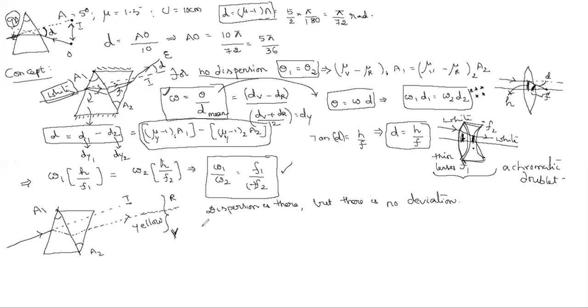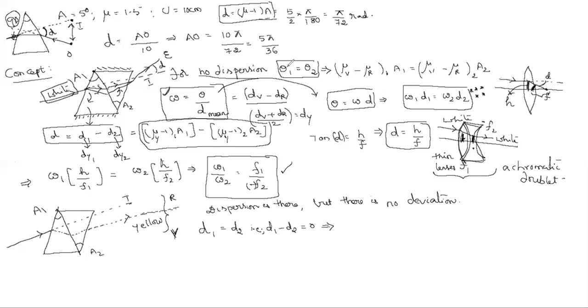There is no deviation means deviation, which we generally measure with the formula D. Deviation in the first prism must be equal to the deviation in the second, so that D1 minus D2 equals 0. See here it is very simple.